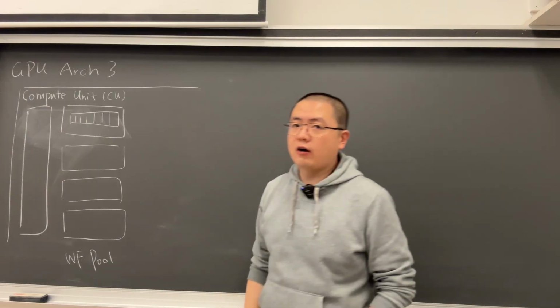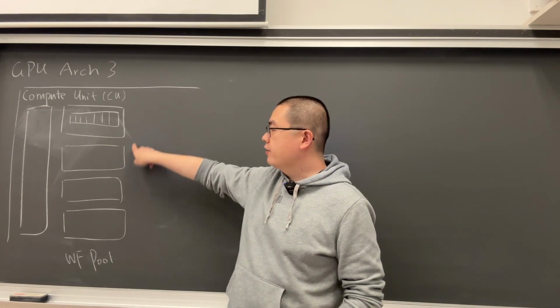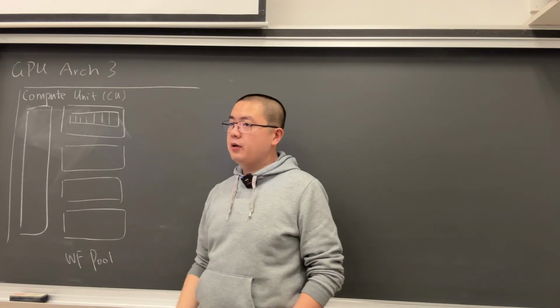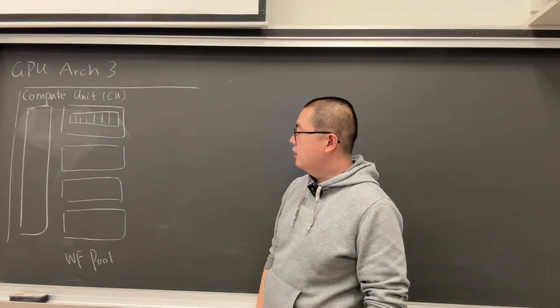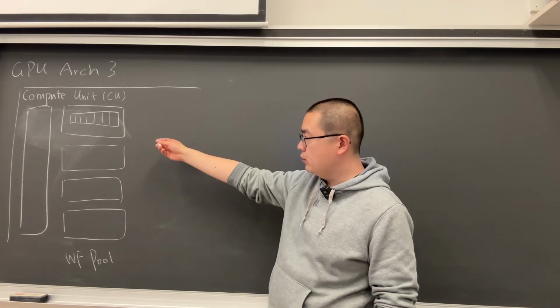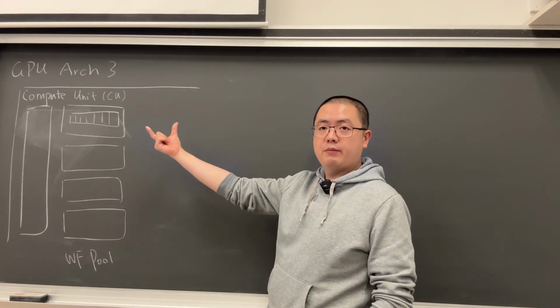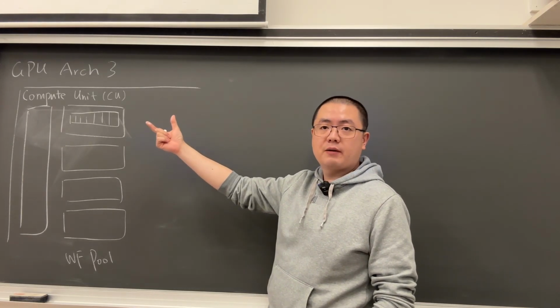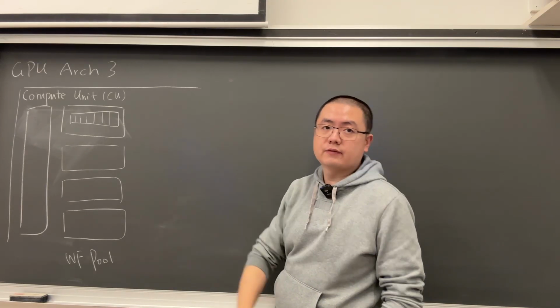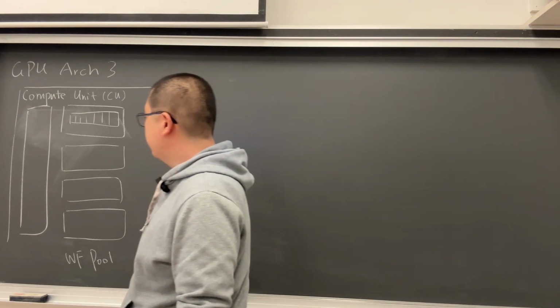In pretty much all the GPUs I have done, there are 4 wavefront pools per compute unit, but the number of wavefront slots within each wavefront pool is variable. In some low-end GPUs, it can be 8 rather than 10. These are configurable numbers.